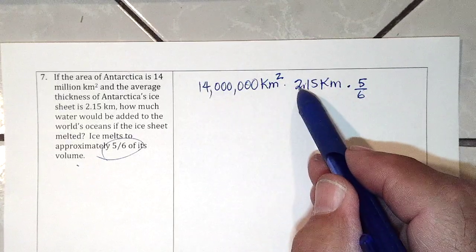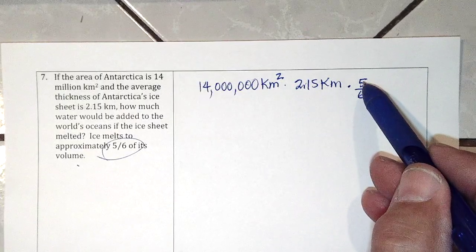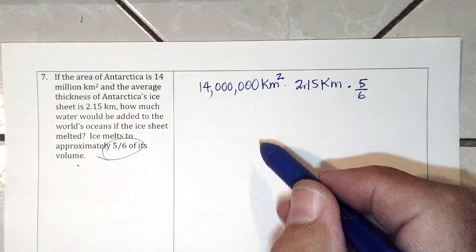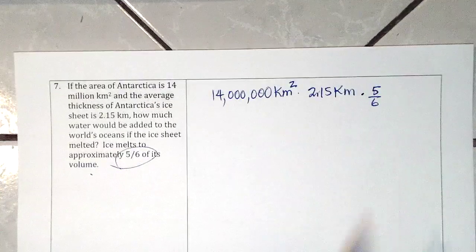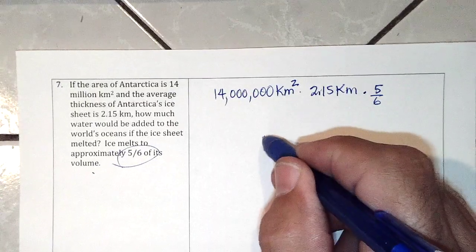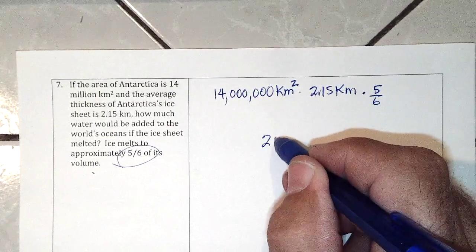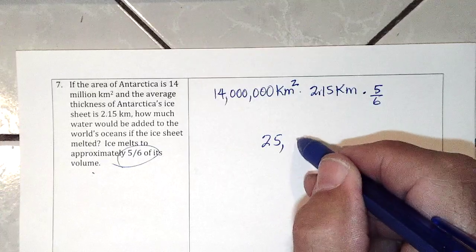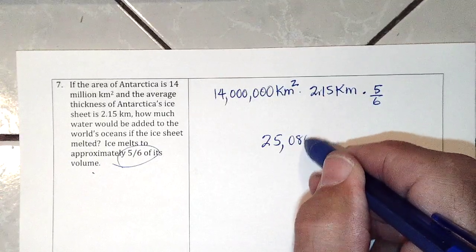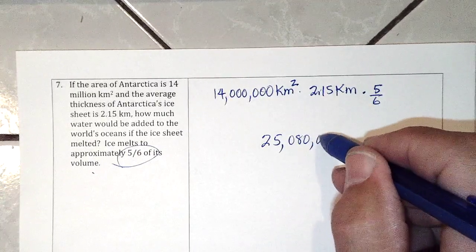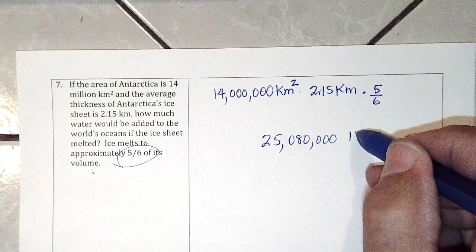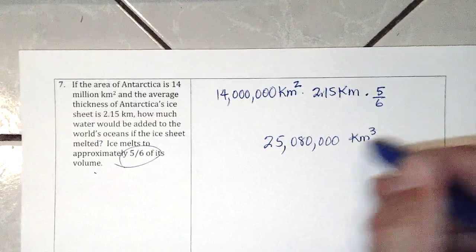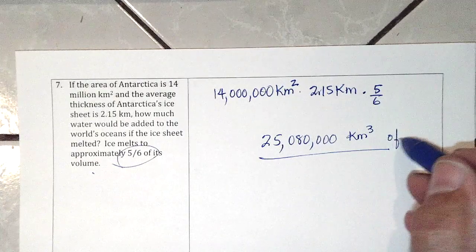So the volume of water we're going to get in cubic kilometers is going to be 14 million times 2.15 times 5 divided by 6, which comes out to be 25 million and 80,000 kilometers cubed of water.